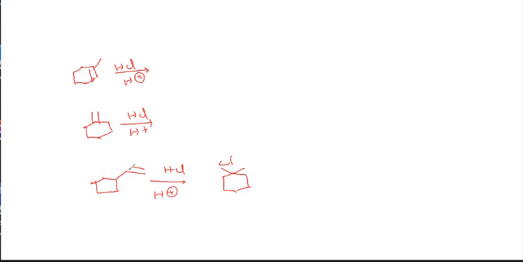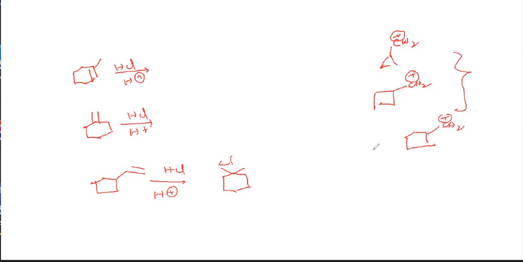When ring expansion is possible, we already explained it in the first year. This is a cyclopropane, and its adjacent carbon is a carbocation; cyclobutane, adjacent carbon is a carbocation; then cyclopentane, with H plus. In these three cases ring expansion is possible.